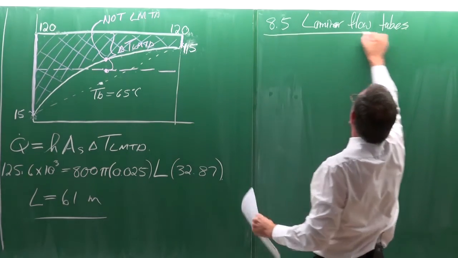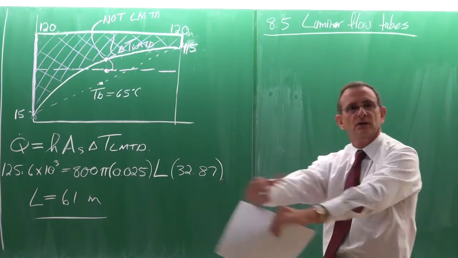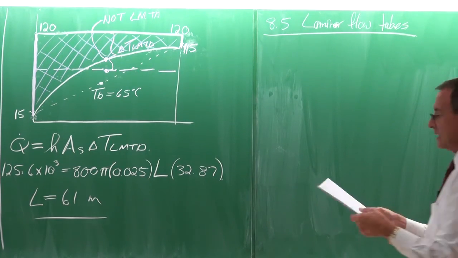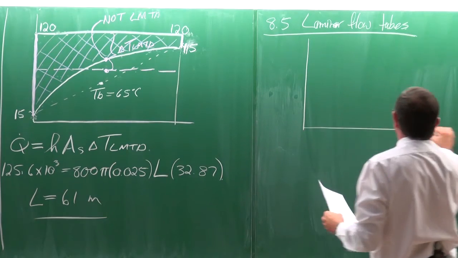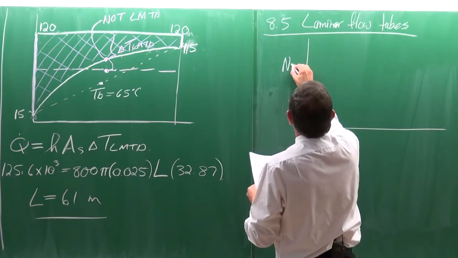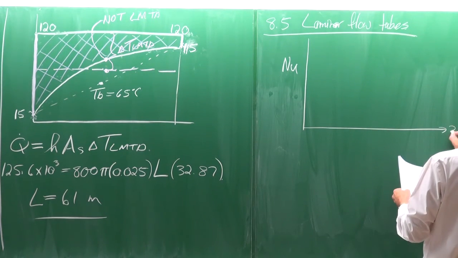Okay, laminar flow. So paragraph 8.5 is laminar flow, paragraph 8.6 is turbulent flow, and then we are finished with this chapter. Now, the thing with laminar flow, as I've explained to you many times, or all flow as a matter of fact, Nusselt number as a function of x.